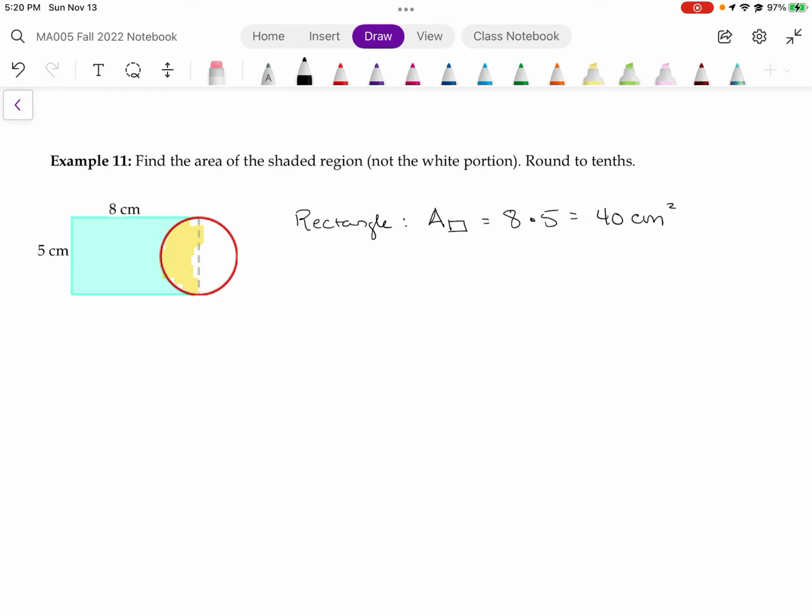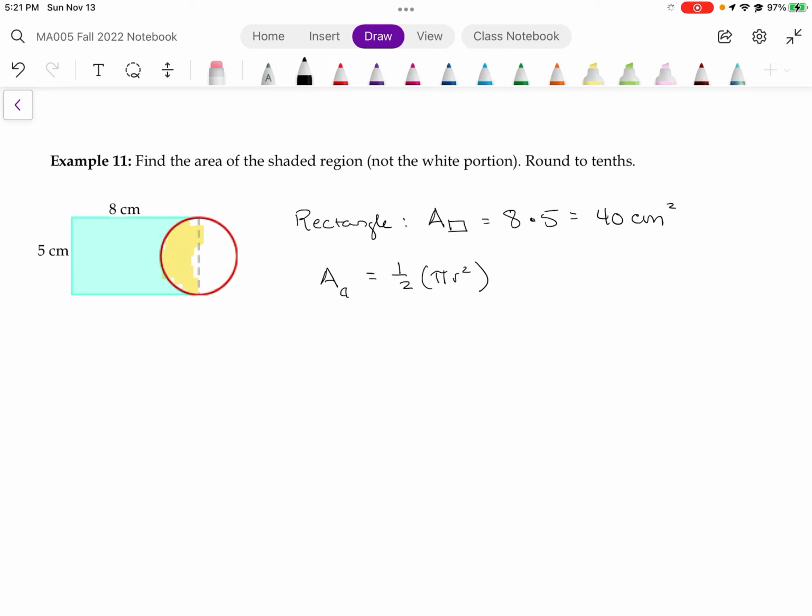All right, so then the area of the semicircle, that's half of a circle. Maybe I should do it the other way so it doesn't look like a D. Let's go like that. Half of a circle is going to be half of pi r squared, right? It's half of a circle.